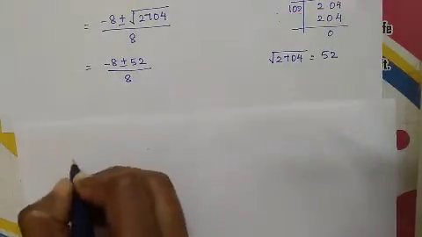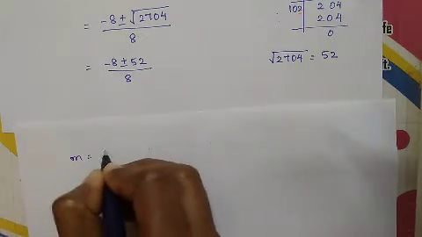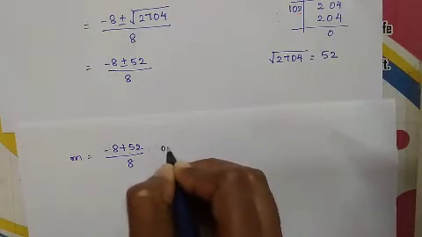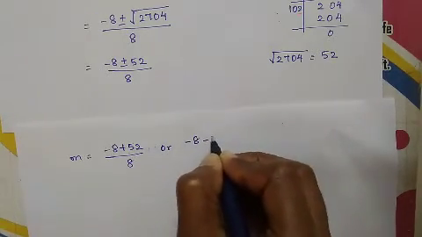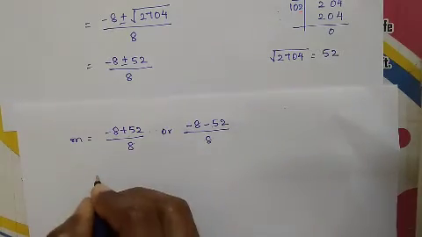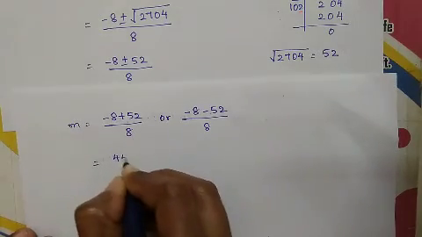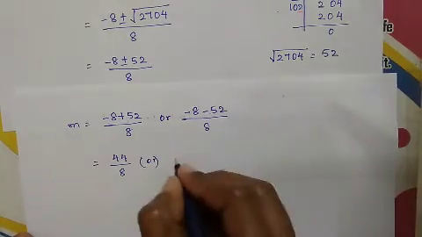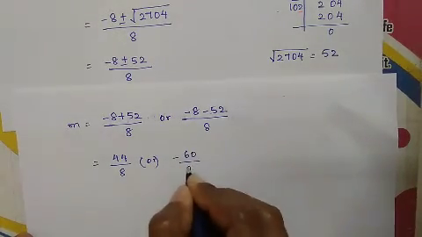Therefore m is equal to minus 8 plus 52 by 8, or minus 8 minus 52 by 8. That is equal to 44 by 8, or minus 60 by 8.